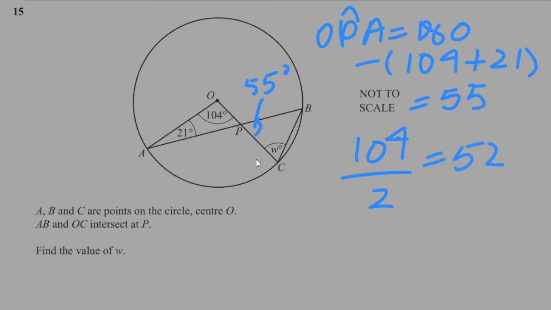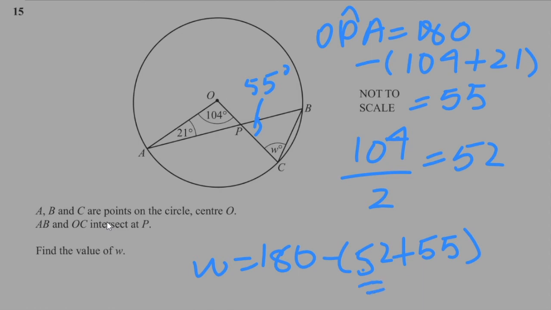And now we need to calculate W, which is going to be equal to 180 minus (52 plus 55), because they are the sum of a triangle, and that is equal to 73 degrees.